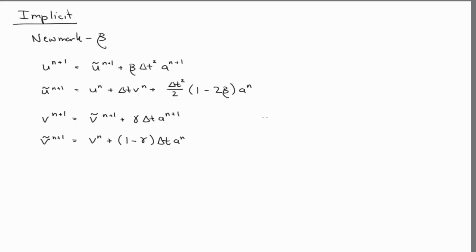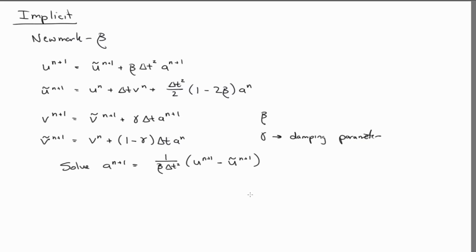So beta is some parameter of the solver, and gamma is some damping parameter. And so then when we would solve for the new accelerations, like that, for beta positive, obviously.